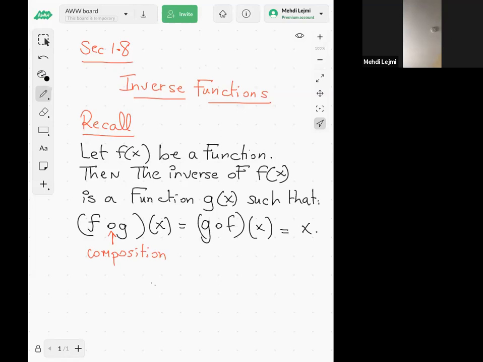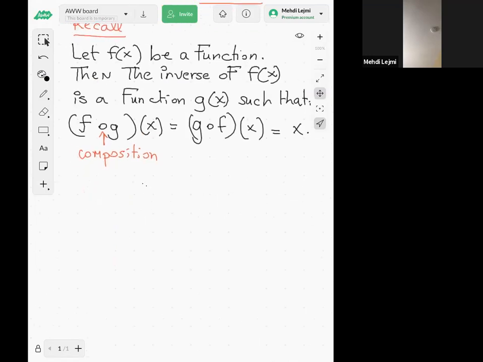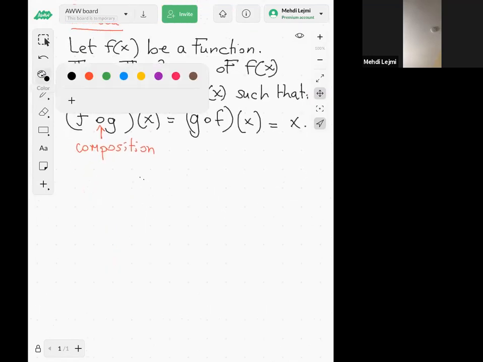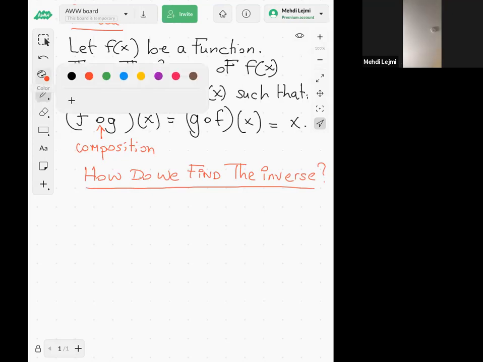Last week we saw how to find the inverse. So the steps: how do we find the inverse? We had basically 3 steps.